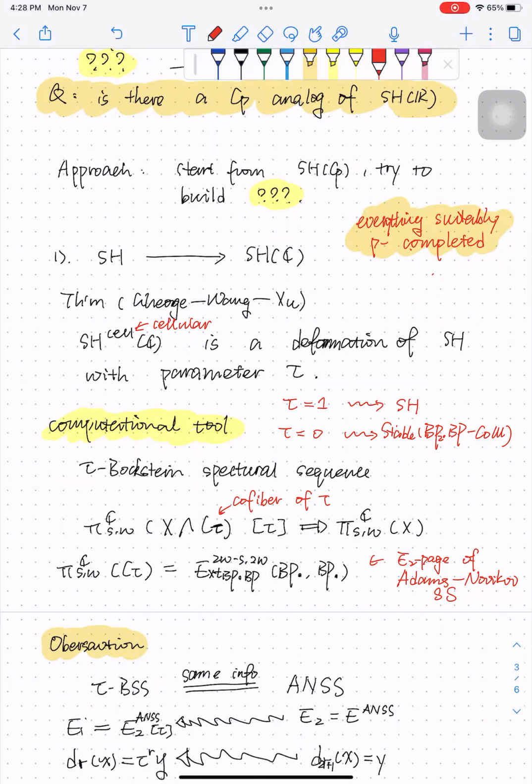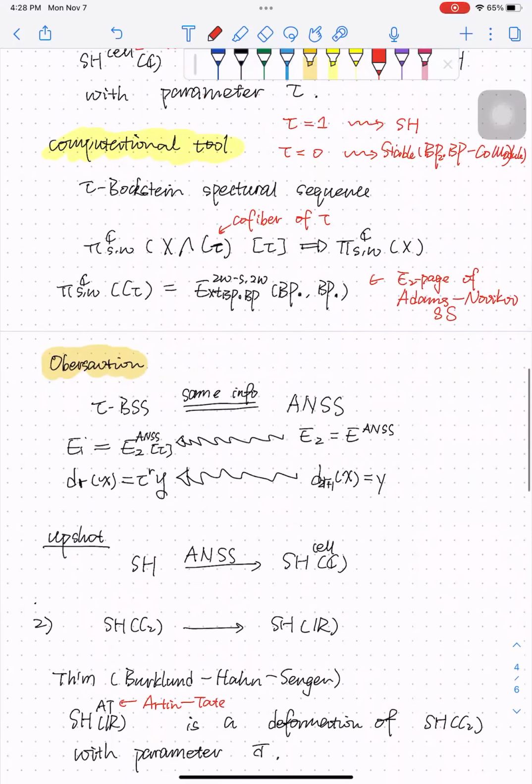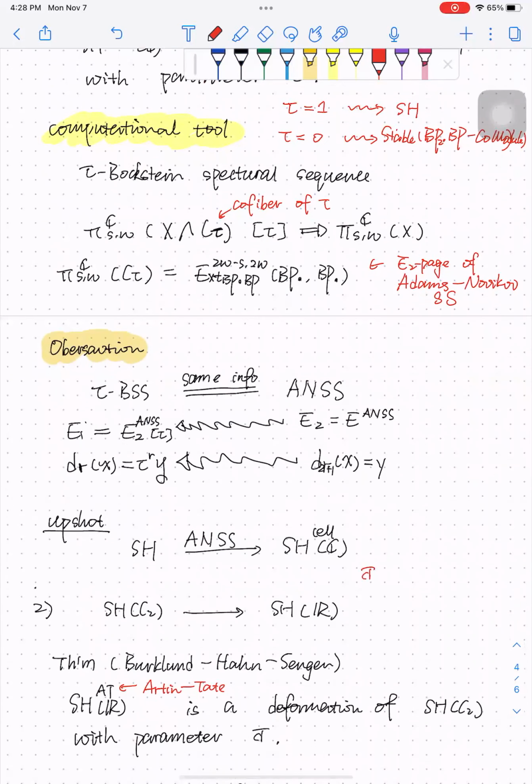You can identify the special fiber and the generic fiber. Similarly, in the C2-equivariant versus R-motivic example, if tau is 1, then you get C2.